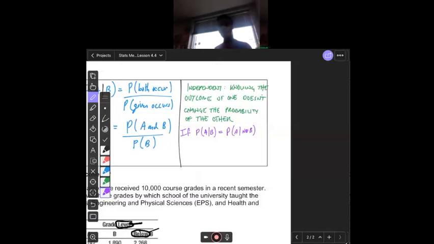If those were equal, that would tell us those are independent events. So if our probability for the males had been the same as the probability for the females, or very close, we would have said those were independent. But we saw that they weren't equal. That meant they were dependent.